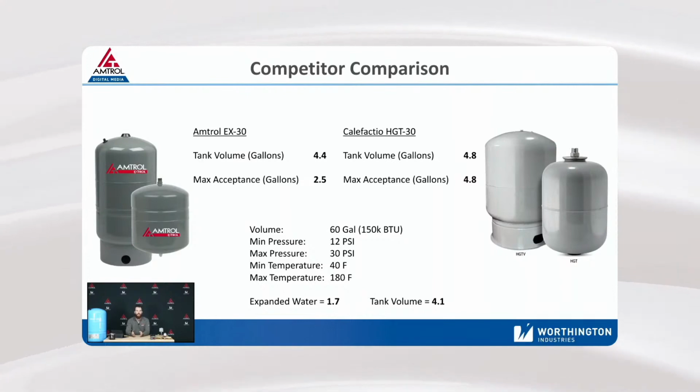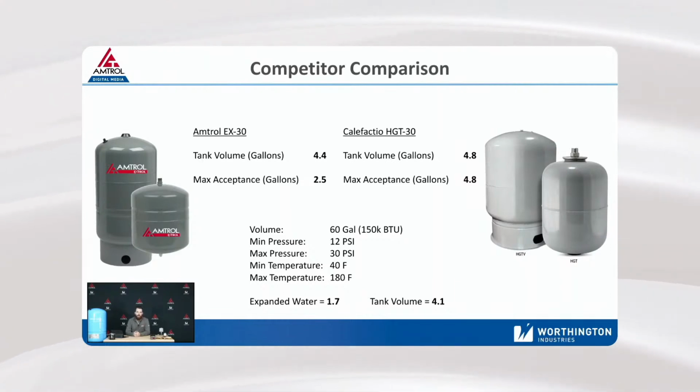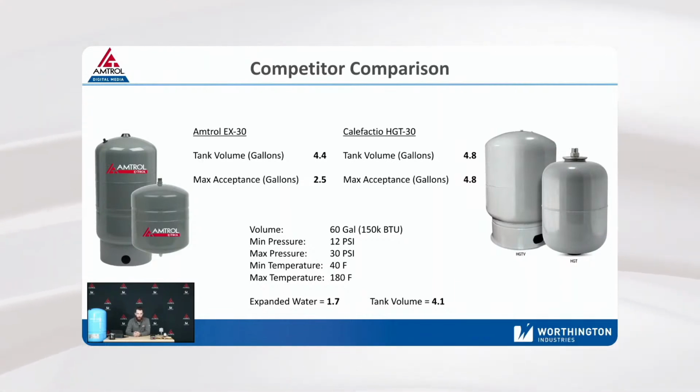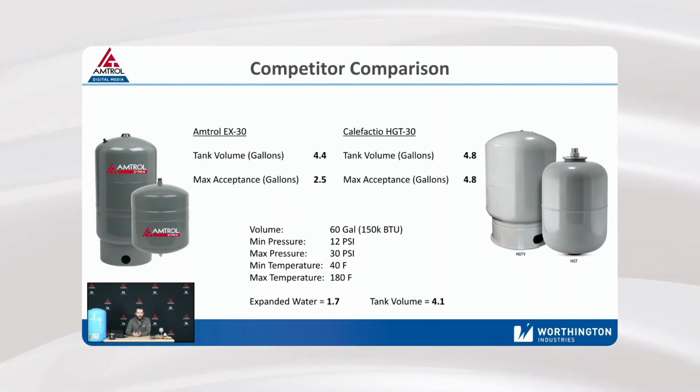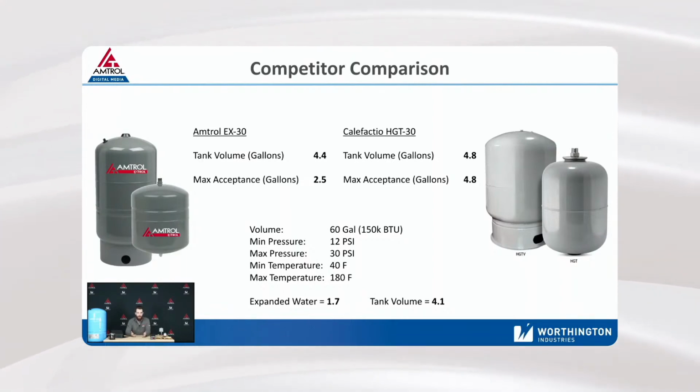That is like cookie cutter definition of a hydronic boiler system. That system is going to give me 1.7 gallons of expansion with the tank volume requirement of 4.1. If you look at both those tanks, cool. You can apply both of those, right? We're below max acceptance, they're below max acceptance, tank volumes match up. Perfect scenario to cross those over.